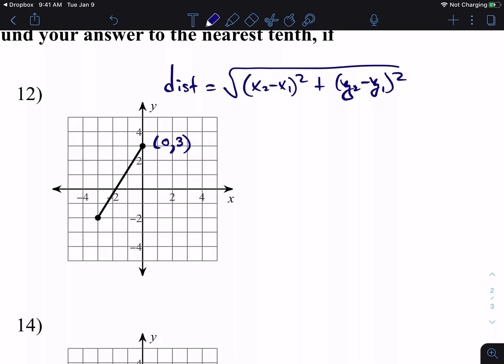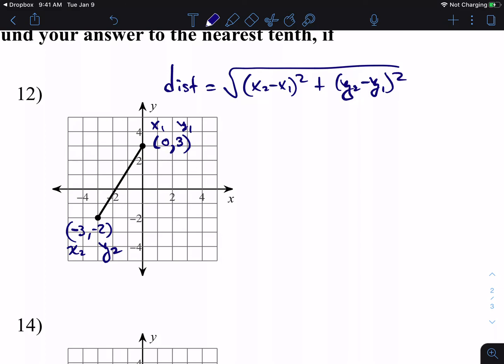On this other one, we're going to the left 3 and then down 2. So that's going to be -3, comma, -2. And so there's those points right there. Now let's assign what those are. I'm going to call this one my x1 and my y1, and I'm going to call this one my x2 and my y2.